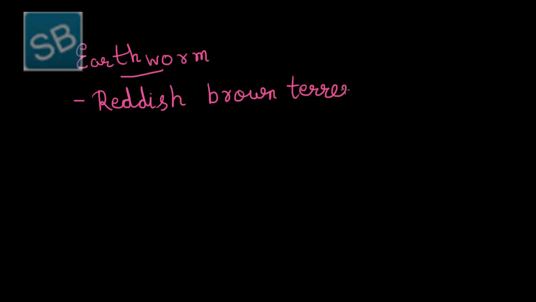Earthworm is basically a reddish brown terrestrial invertebrate that is generally found underground, or rather inhabits the upper layer of the soil.